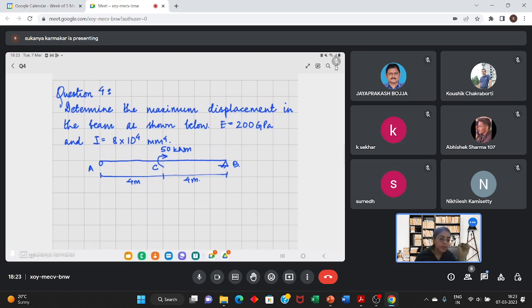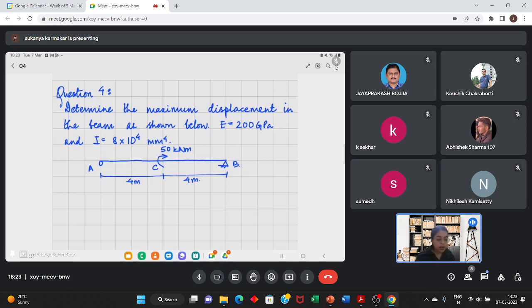So we will have to find a point in the conjugate beam where the shear force is 0. Then once the point is determined, we can calculate the moment in the conjugate beam at that particular point, and that will be equal to the displacement in the real beam.